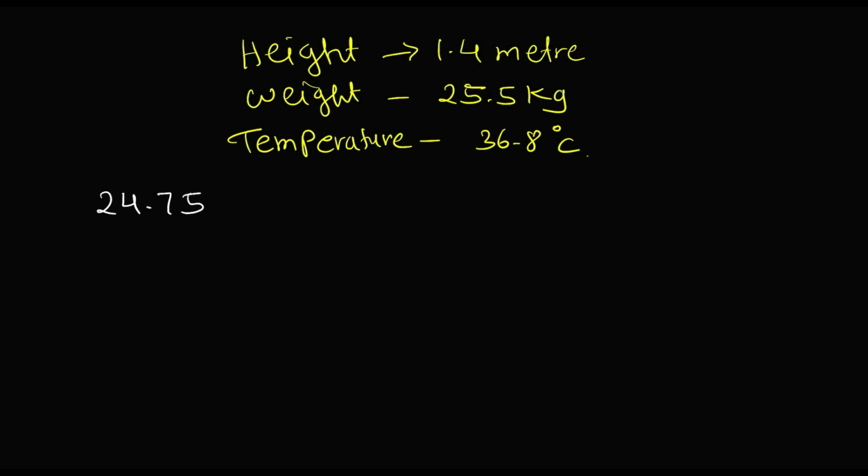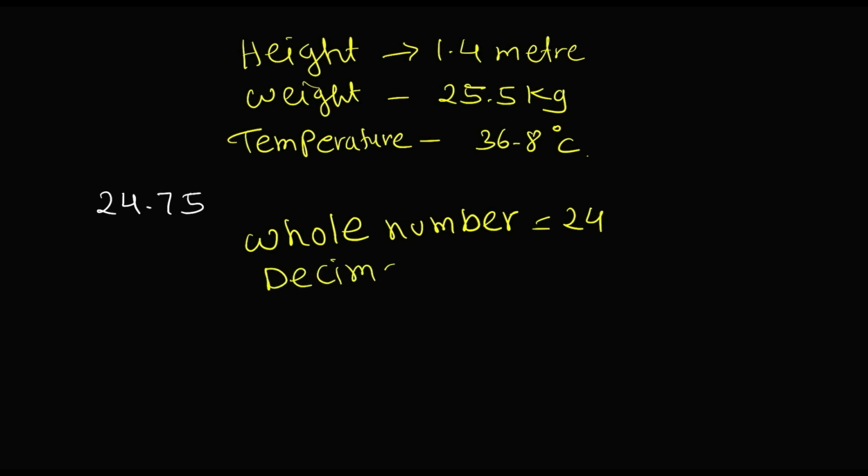So here the whole number equals 24, and the decimal part equals 75. Right? The first digit after the decimal point is called the tenth. Okay, the second digit is called the hundredth.